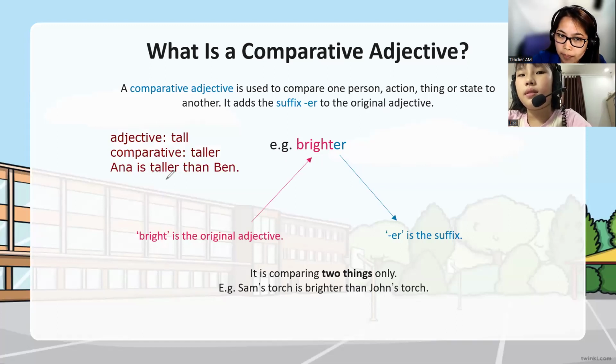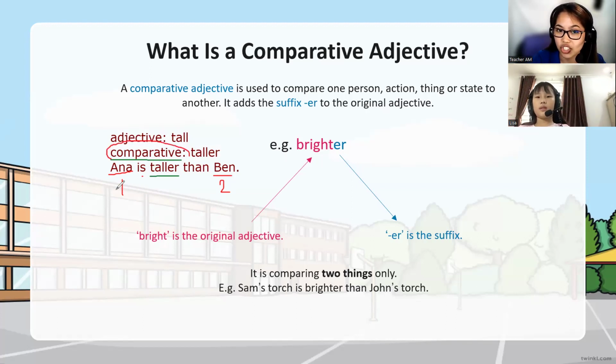What is the comparative adjective? Taller. Why do we use taller? Because we are comparing two nouns, which is Anna and Ben. Why do we add er? Because it is a comparative adjective. All right? Yes. Very good.